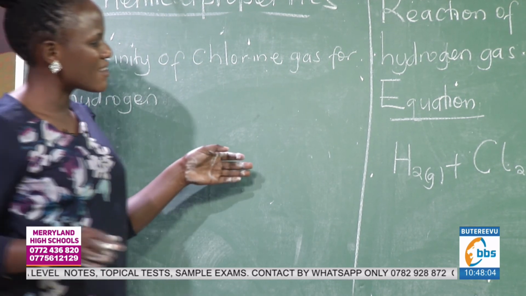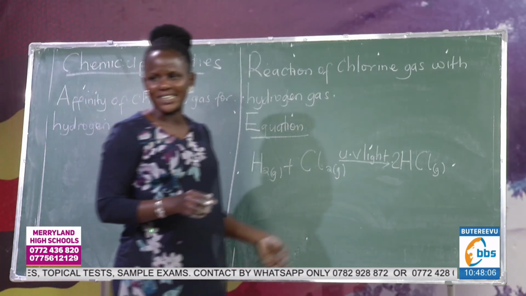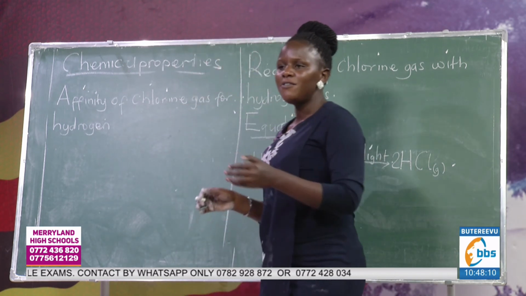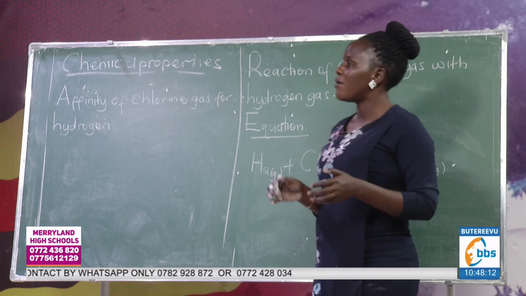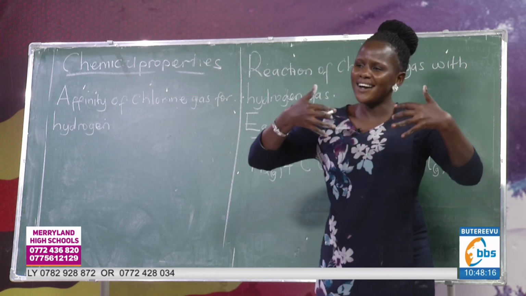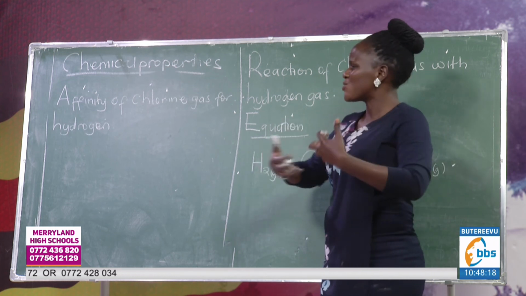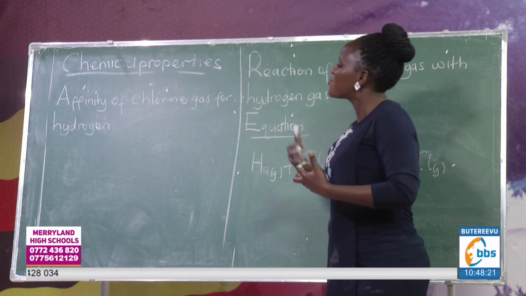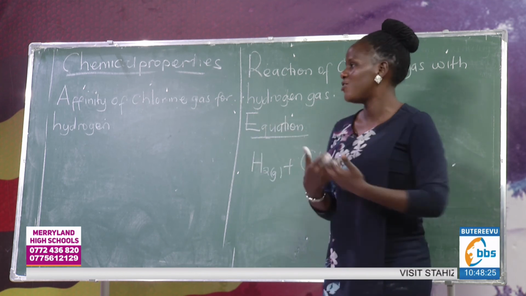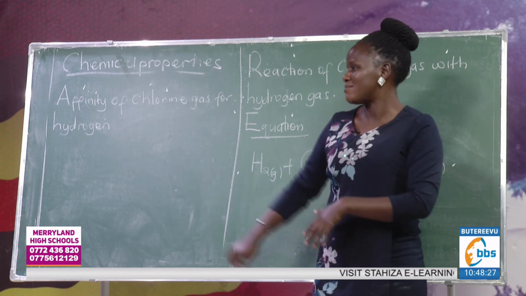One would ask, isn't it the same like this? No. Whenever you're reacting chlorine gas with a compound that has hydrogen, it tends to have high love. It has that love. It tends to abstract the hydrogen from that compound. And it will combine with the hydrogen, and it will leave the other part behind.